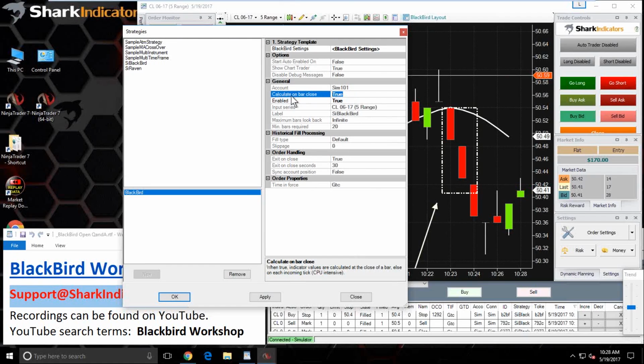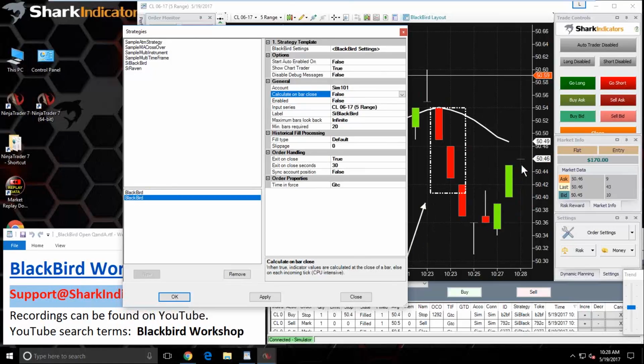With Calculate on bar close set to true, Ninja only looks at closed bars. Ninja never looks at the active building bar. If we set this to false, then Ninja uses the current live bar, the bar that's building, as bar 1. So you can see there's a difference.